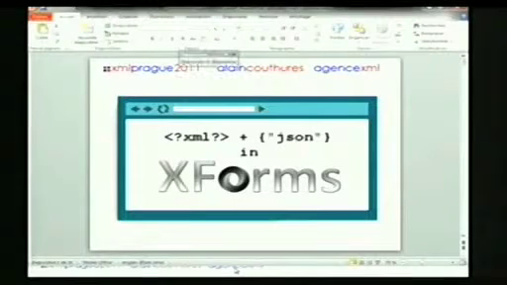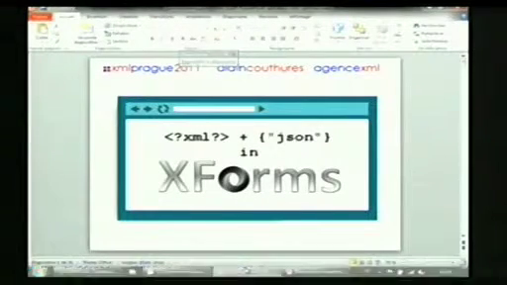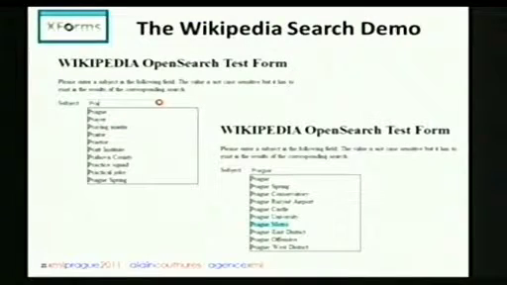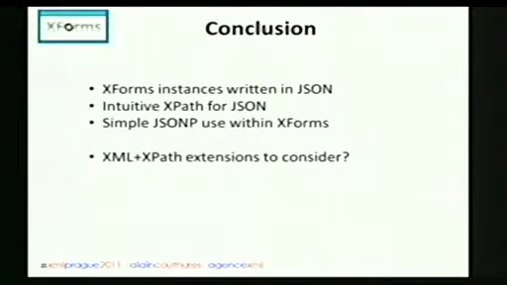Okay, so, oops. With this contribution, you can have XForms instances written in JSON. You can use XPath on JSON.